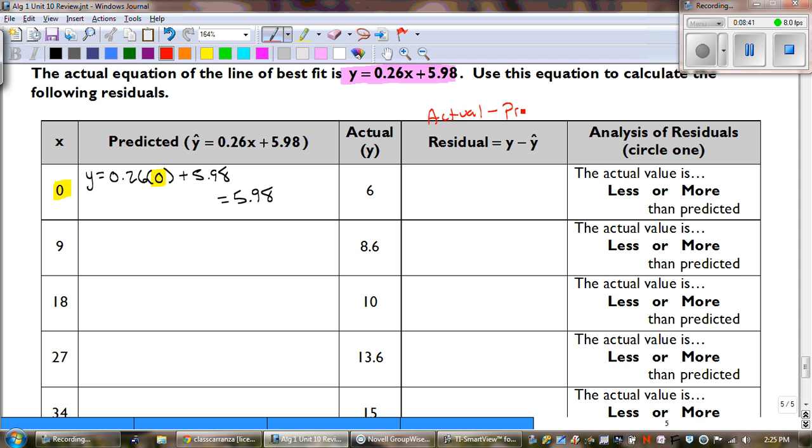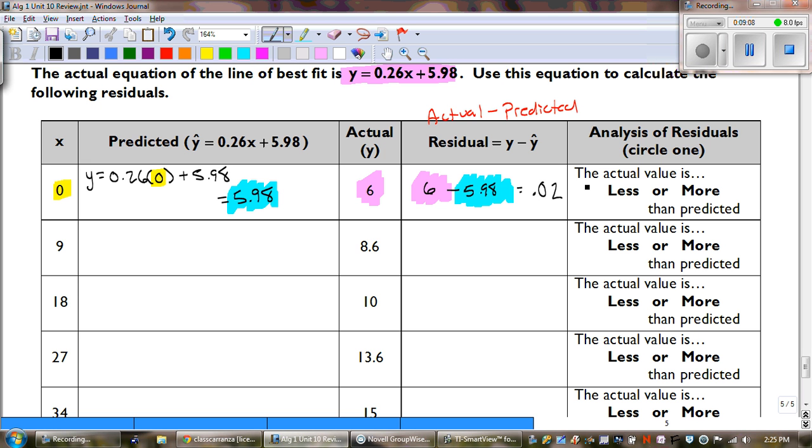And this last part, to find the residual, we take the actual minus the predicted. So the actual was 6, so I'm going to take 6 minus 5.98. And then we get our residual of 0.02.